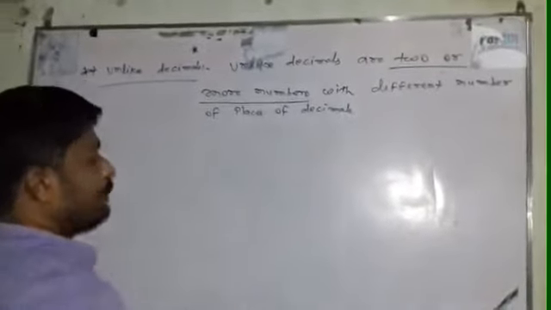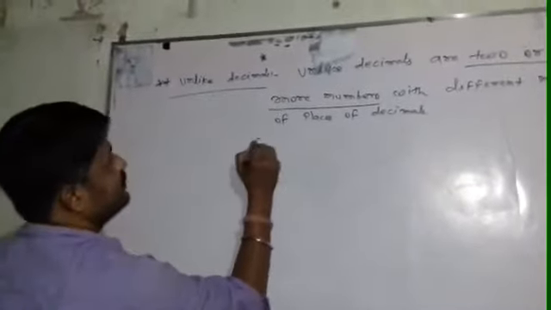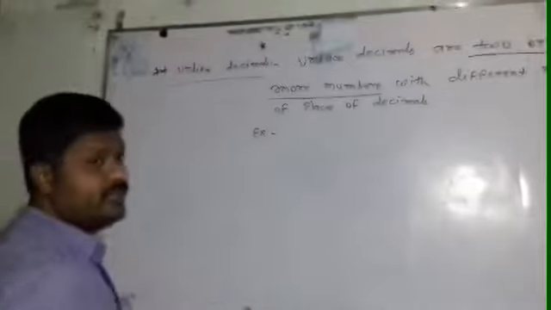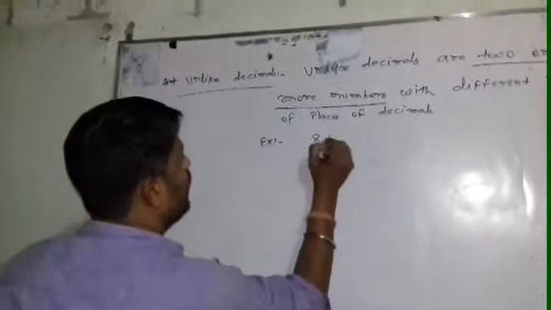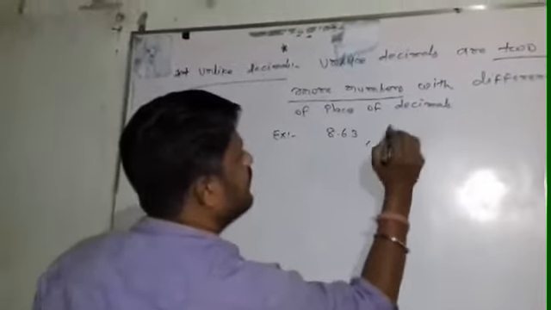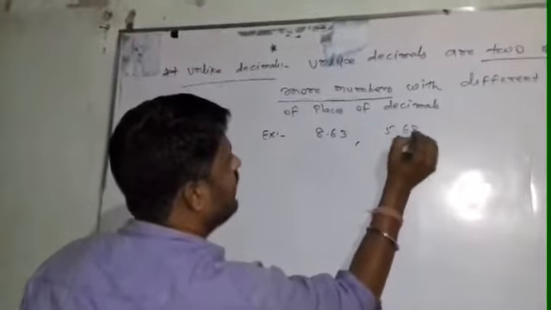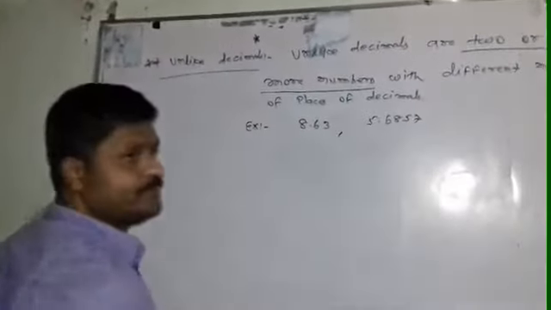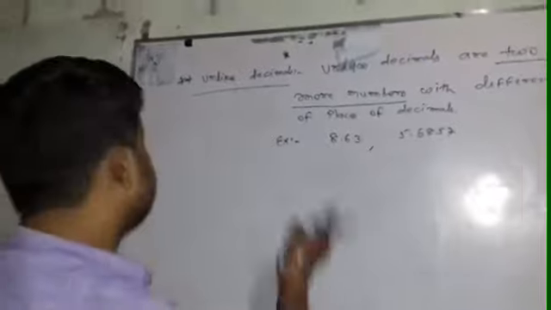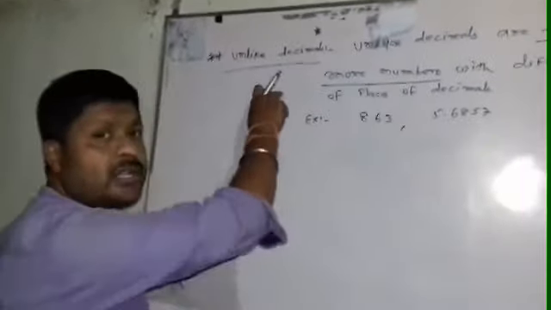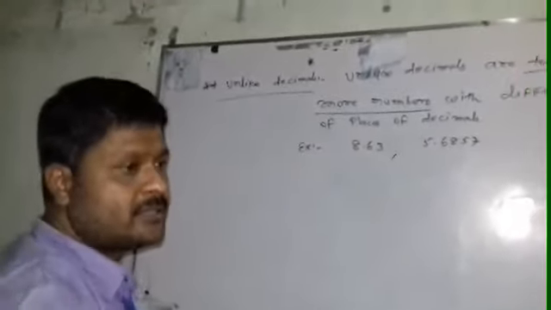We can understand it with an example: 8.63 and the other number is 5.6857. Are these like decimals or unlike decimals?